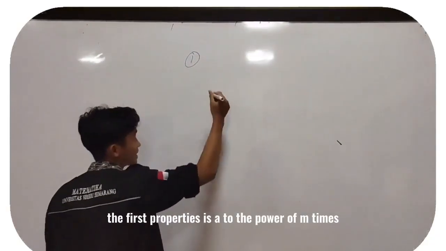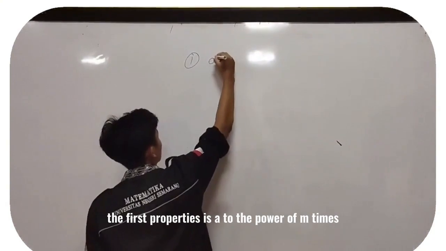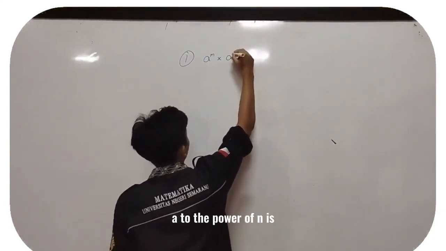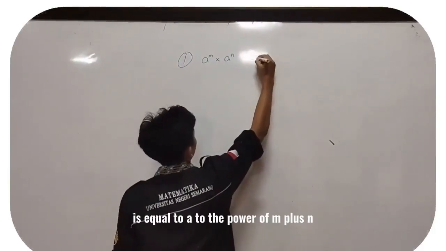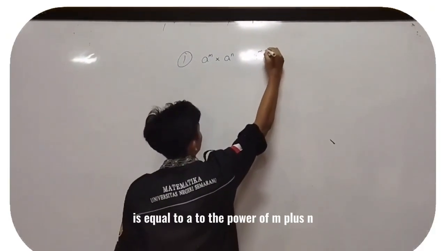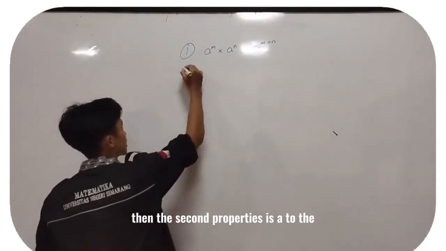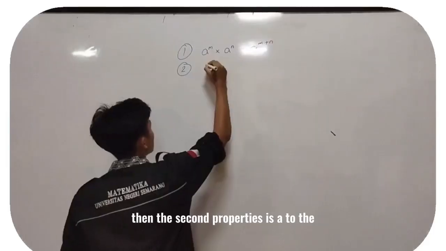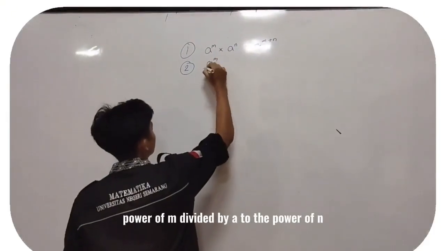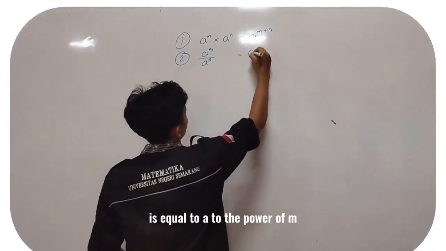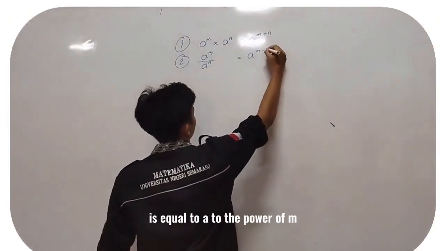the first property is a to the power of m times a to the power of n is equal to a to the power of m plus n. Then the second property is a to the power of m divided by a to the power of n is equal to a to the power of m minus n.